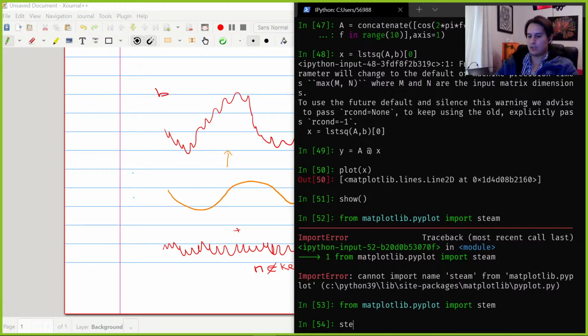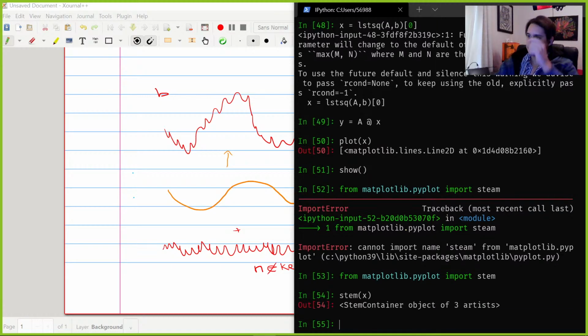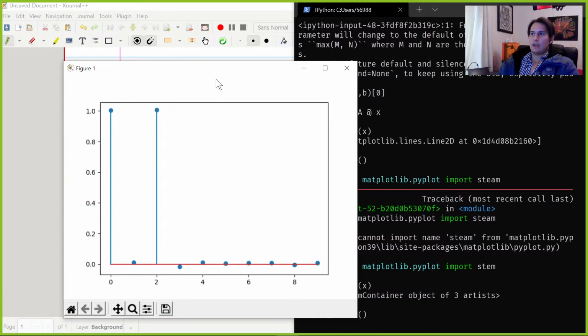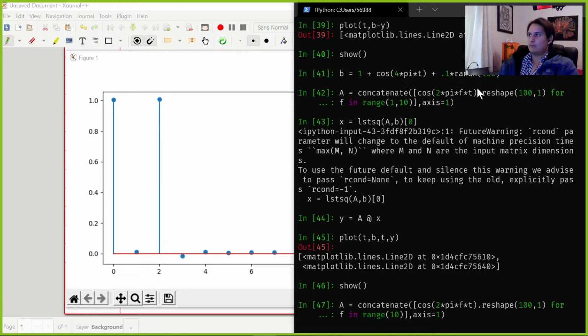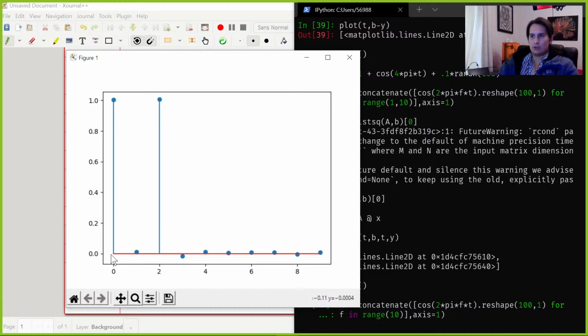So now if I do a stem of x, I can see that I have components in f equals 0, corresponding to the constant part of my function. In 1, I have 0 components. In 2, I have more. And then basically all of the other components are 0.